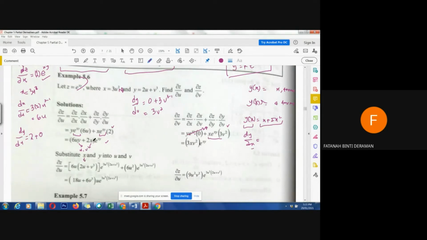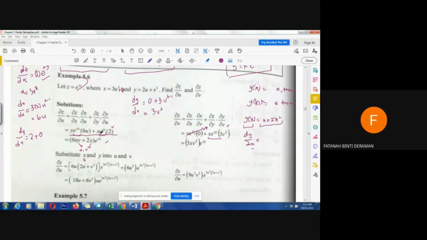And then 2x is 3u squared, so just put x here, and then plus 2 times 6u. They already separated e here, so we consider this line.